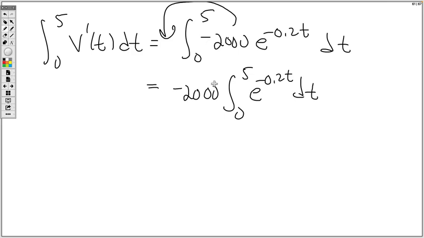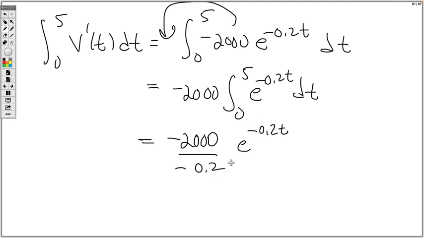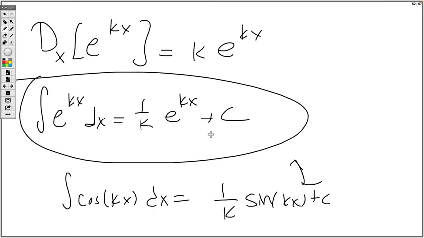But the point is we can avoid it. Because the antiderivative of e to the minus 0.2t is going to be more or less e to the minus 0.2t. When I take the derivative, the constant minus 0.2 is going to pop out, so I'm going to divide by that constant when I integrate. You see how we're using this property?